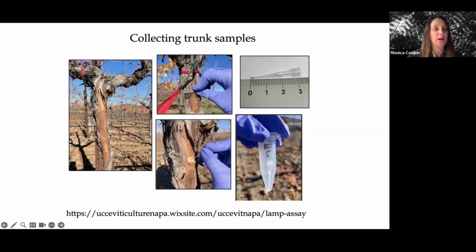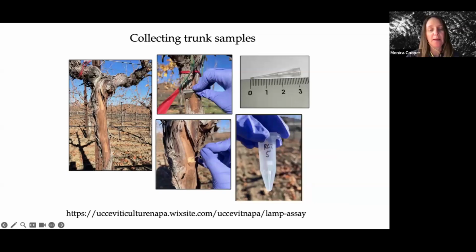So basically, first you're going to peel away all the outer bark, and then you're going to come in with a clean razor blade and cut down in order to get to the vascular tissue.